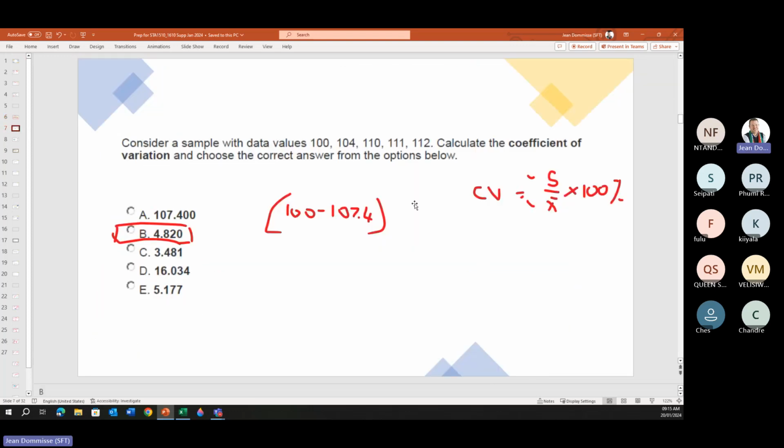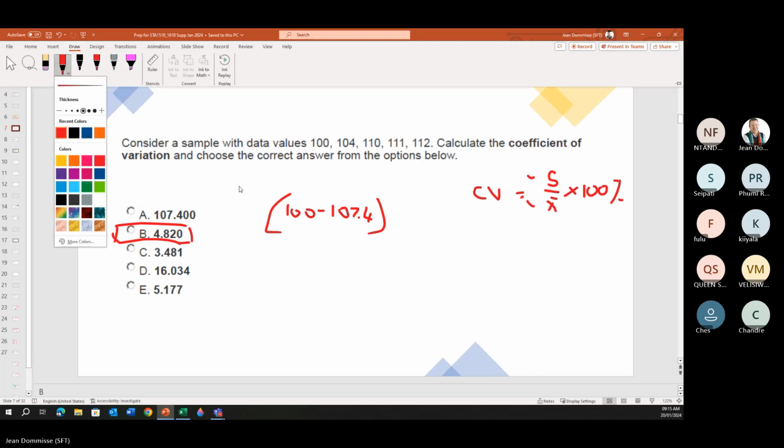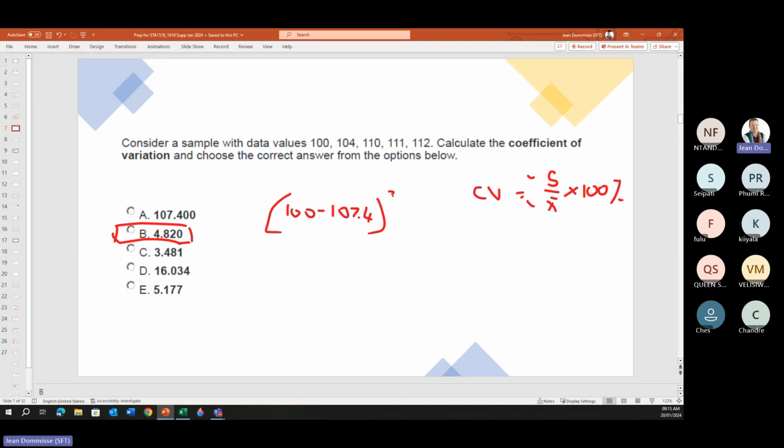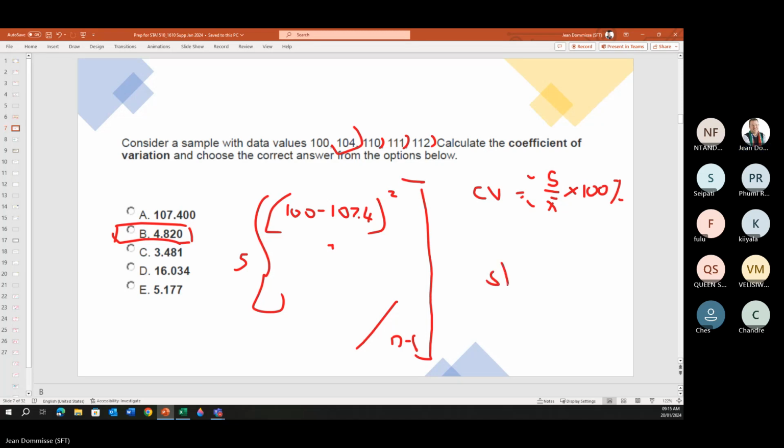So I would have needed to say that plus then the next one, plus the next one, so you needed to do 5 calculations, then needed to divide it by n minus 1. So that would have given you not even your standard deviation, your variance. And then you needed to square root that.